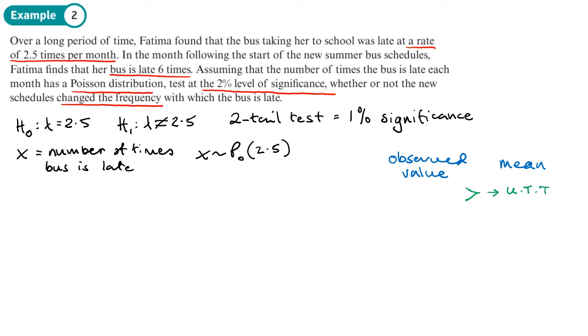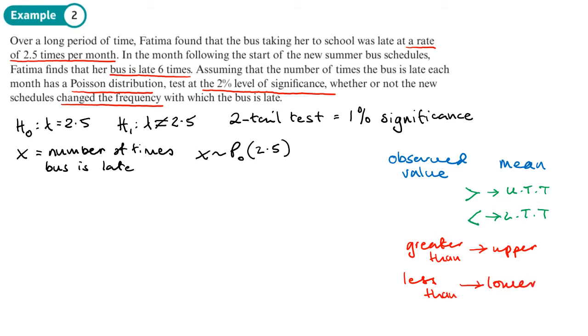If our observed value is less than the mean, we do a lower tail test. So you could think of it like this: greater than, upper, less than, lower. Yeah, and that will tell us whether to do an upper or a lower tail test.